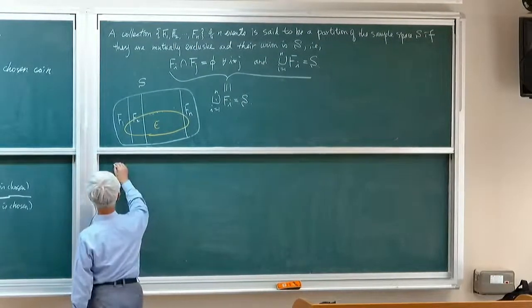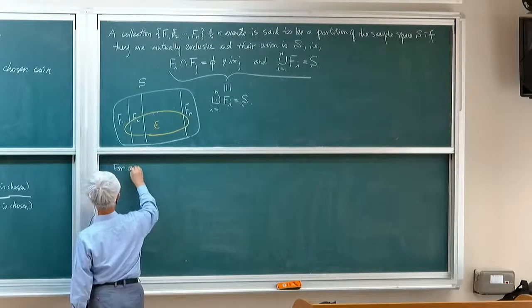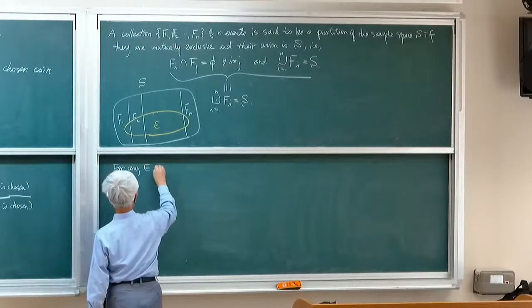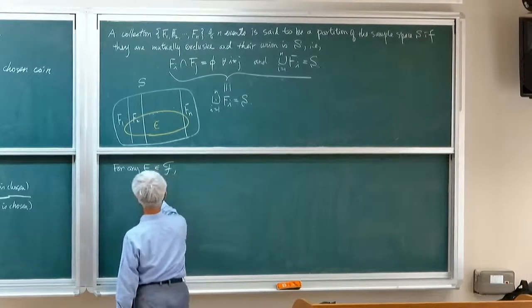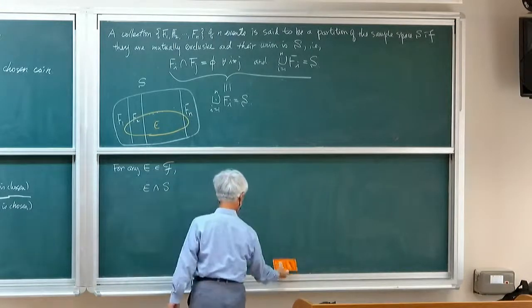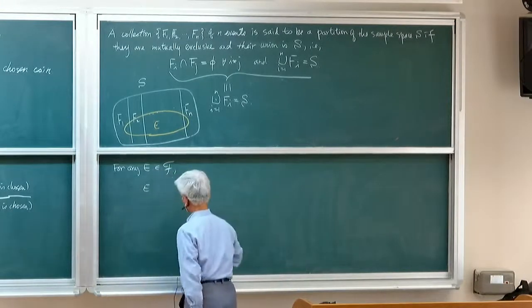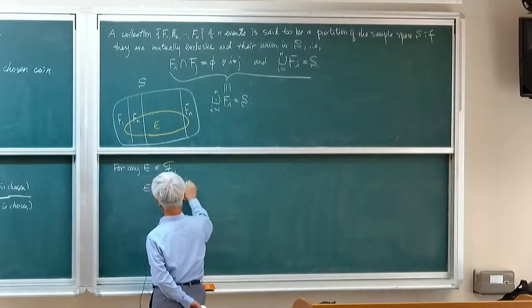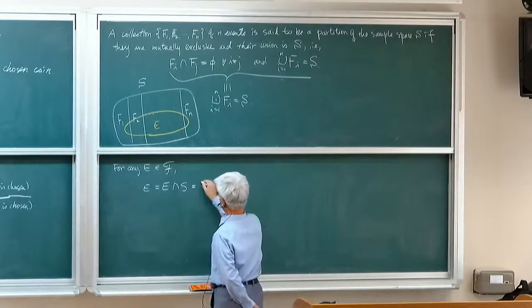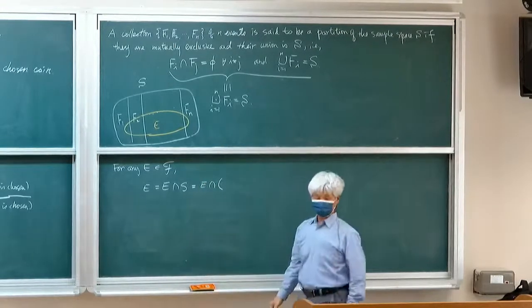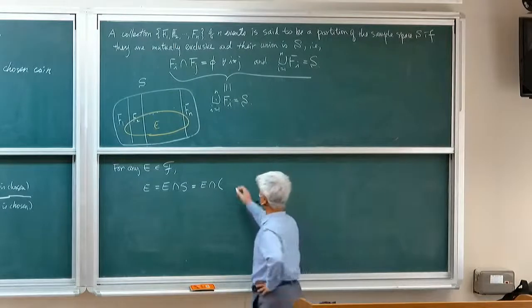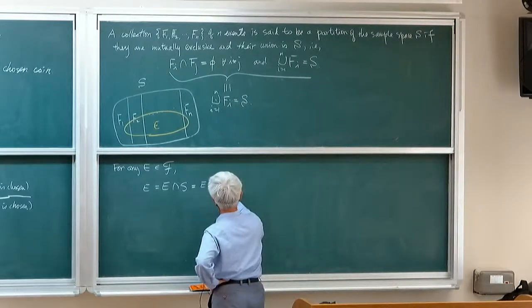For any event in the sigma algebra, we know that E intersect with S is E. So E is equal to E intersect with S. And so now we have a partition of the sample space, so this is the disjoint union of Fi here.